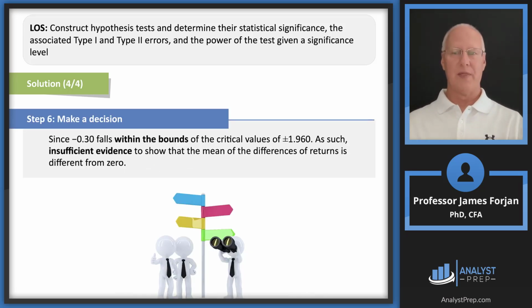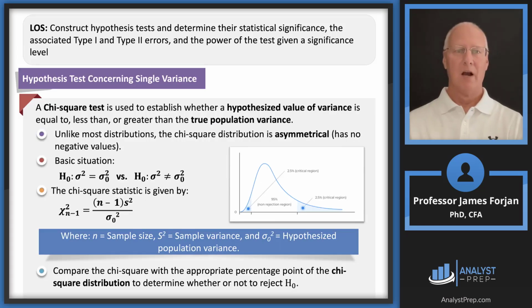And so that's within the bounds. So once again, we're failing to reject that there is a difference. So we're saying that mathematically those two might be different, but statistically they are the same.